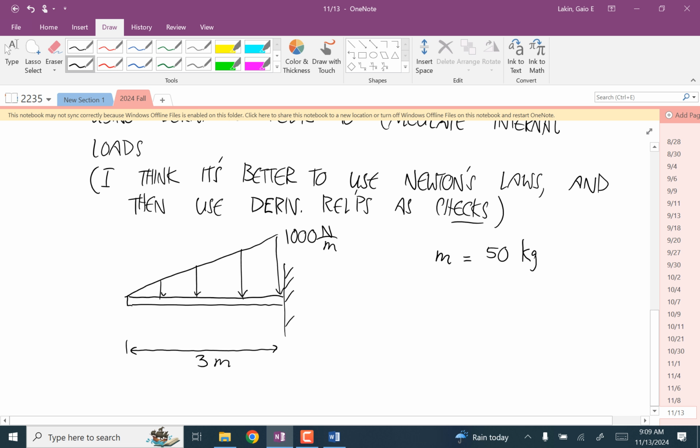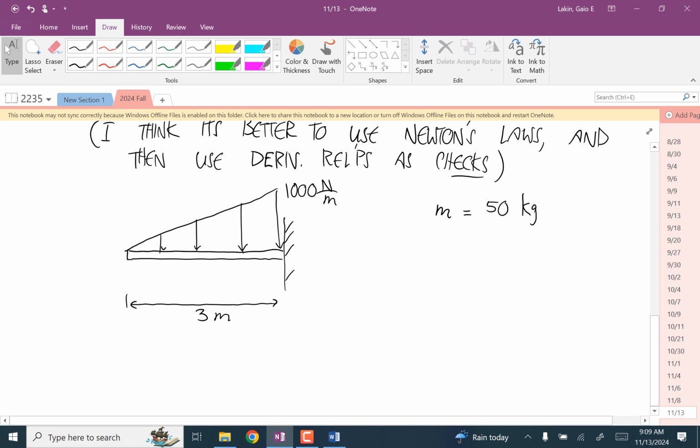This is an easy one to do with these derivative relationships because there's only one cut. And at x equals 0, we have 0 tension, 0 shear force, and 0 bending moment. Okay, so our constants of integration are going to be simple.